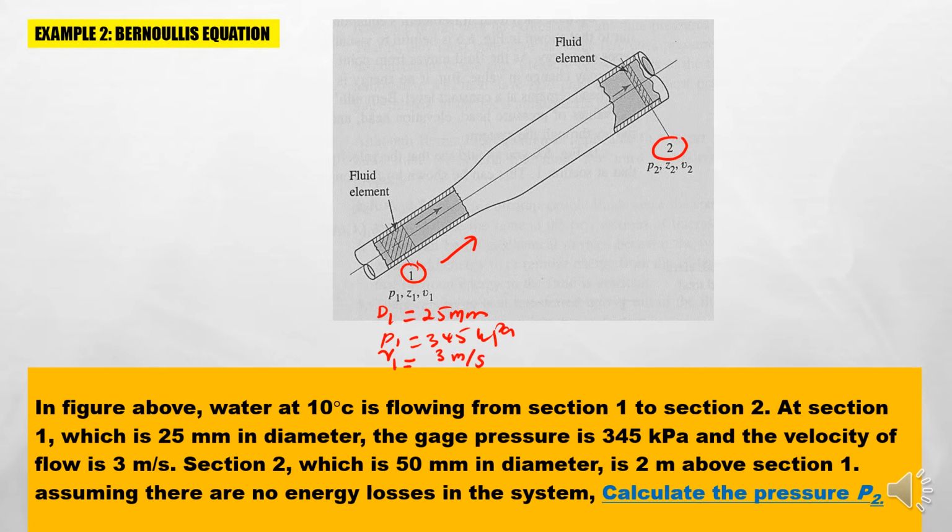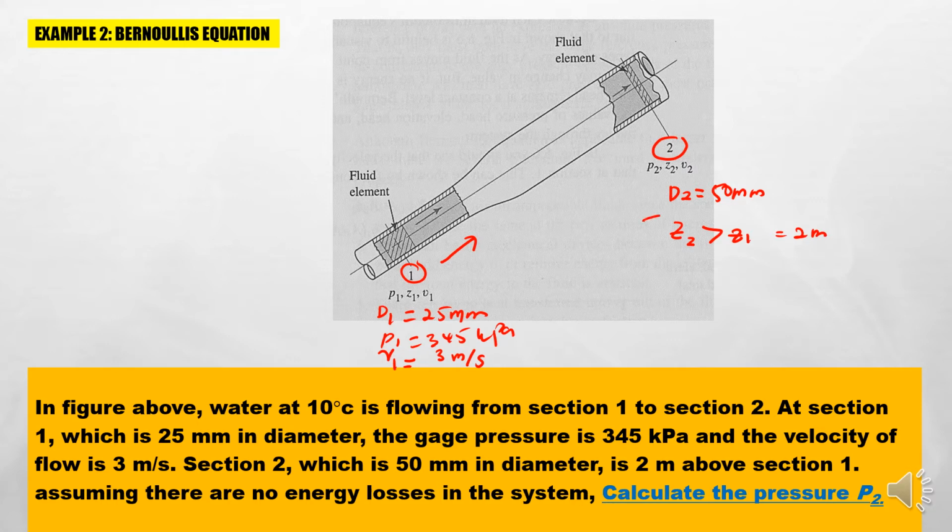Meanwhile for section 2, the diameter of the pipe at point 2 is given, which is 50 millimeter, and it is 2 meter above section 1. That relates to Z. So Z2 is greater than Z1 by 2 meter.